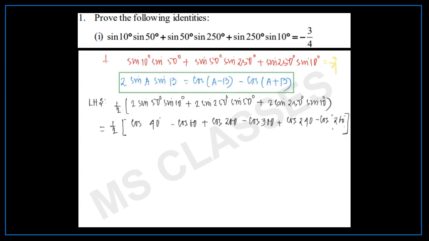So this is what we get: cos 40 minus cos 60 plus cos 200 minus cos 300 plus cos 240 minus cos 260.